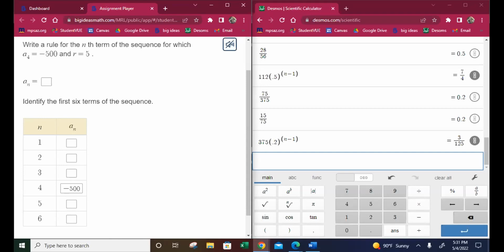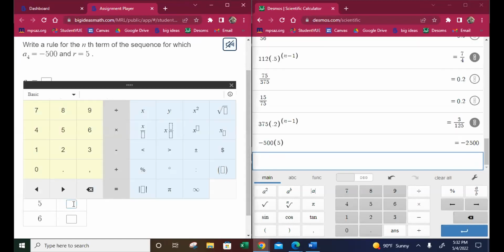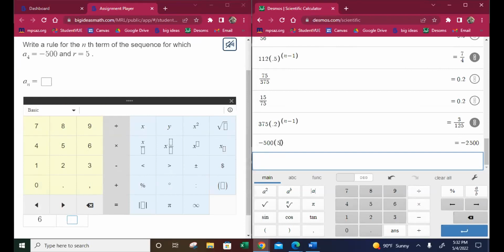So to go to the fifth number, you multiply that minus 500 by 5. So on the calculator on the right there, take the minus 500 and multiply it by 5. That's minus 2,500. So that goes into that next position. To find the next number, you take the number you just found and multiply it by 5 again.